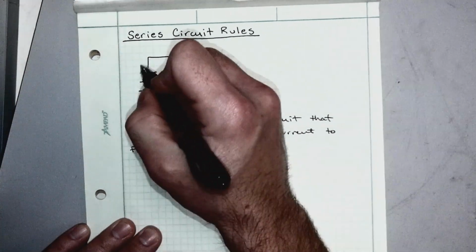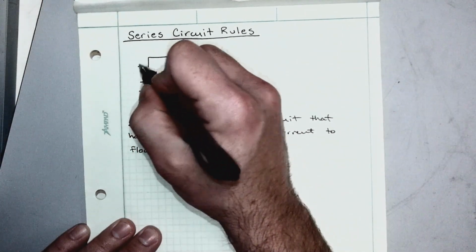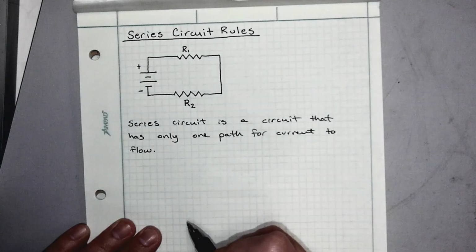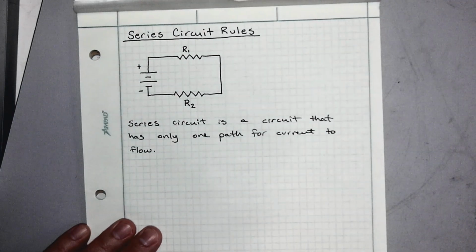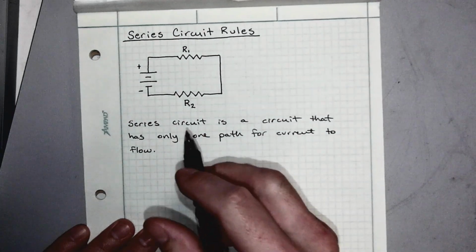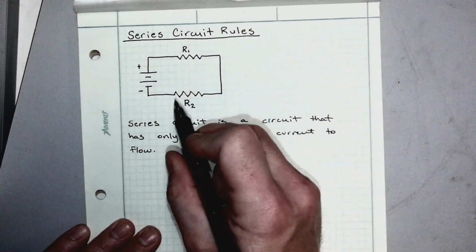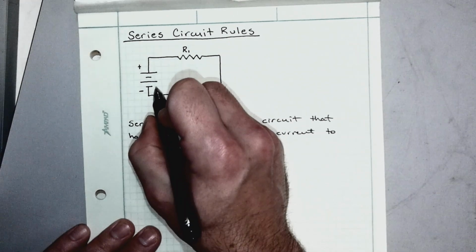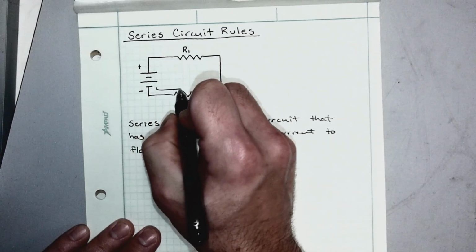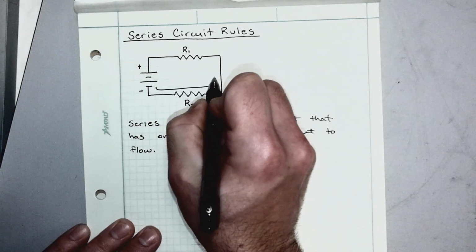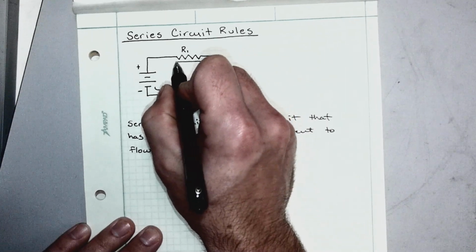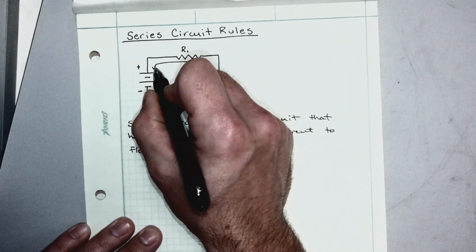Our long line is always going to be our positive side. And so using electron flow theory, electrons are always going to flow from negative to positive, and so our path for current flow is going to come out of the negative side, run through our circuit, around, back into our positive side.